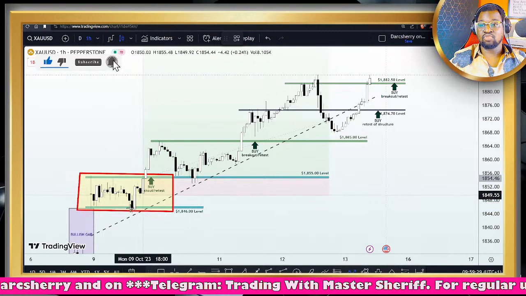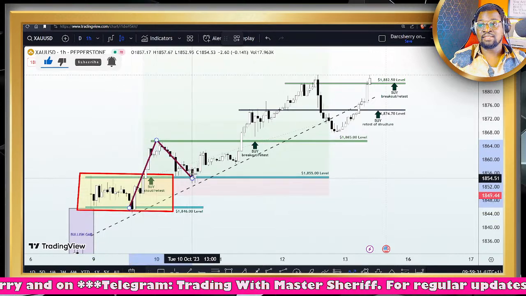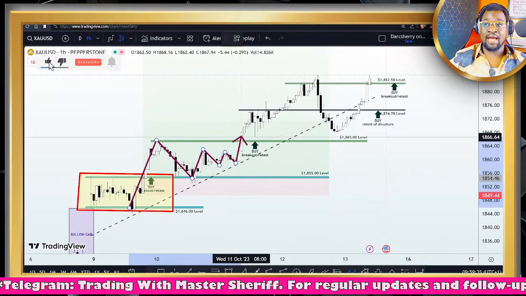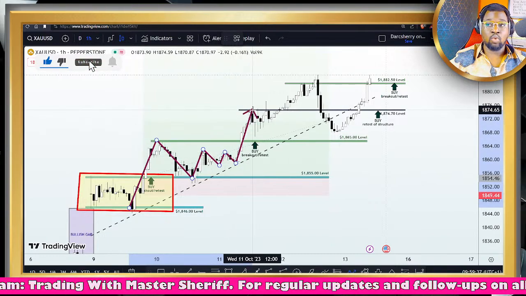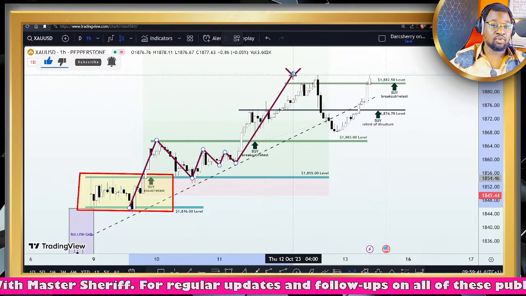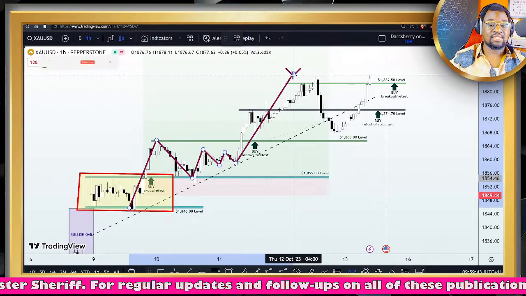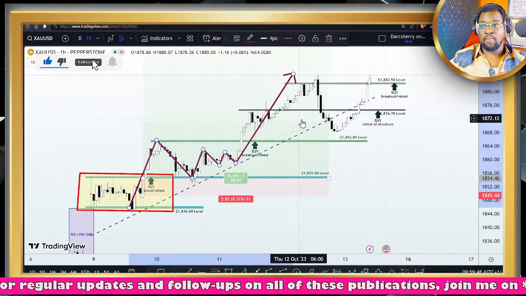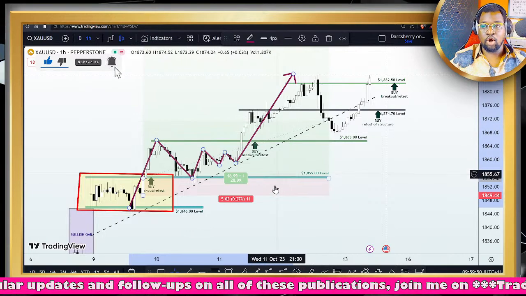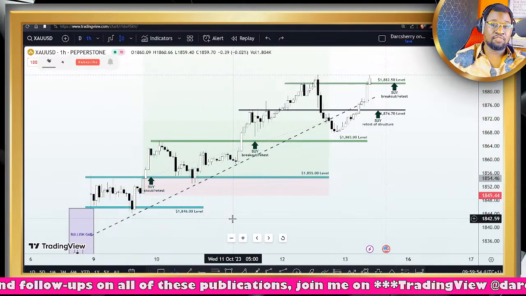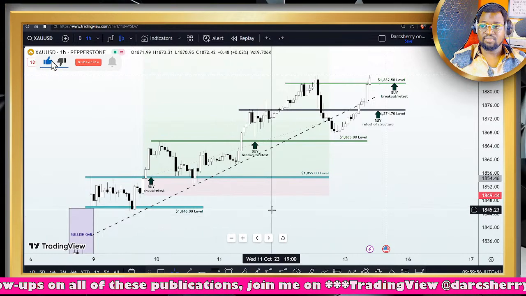Price came back to retest the structure, and since that moment we have been buying, capitalizing on the breakout of structures such as the 1,865. We also took advantage of the breakout of the $1,874.70 level to milk this bullish momentum all the way to the upside. Well done to everyone who has been part of this profitable journey.